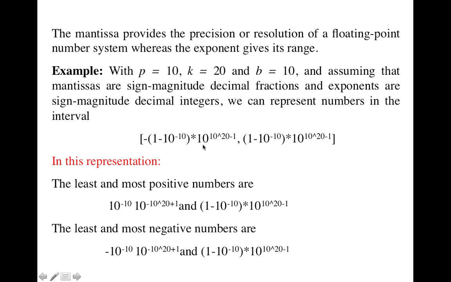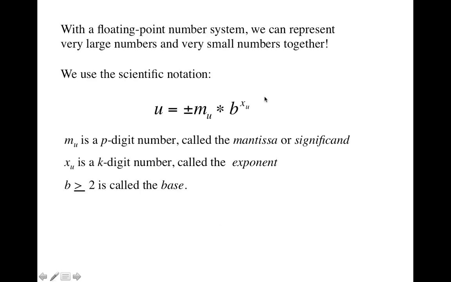And of course, as the base is equal to 10, we then have to raise this base to this largest exponent we can have, to find the largest value of the portion which we call the exponential portion, or the exponent portion, which is really both of these combined together.